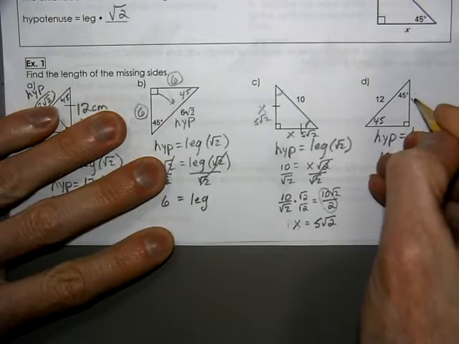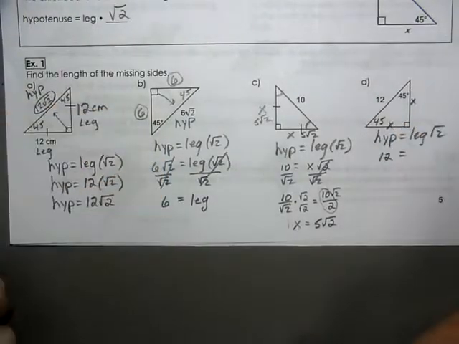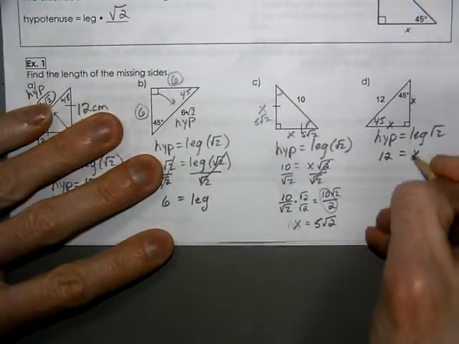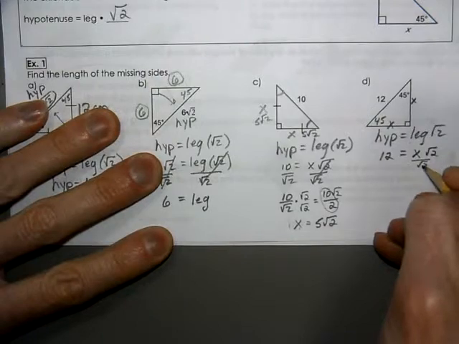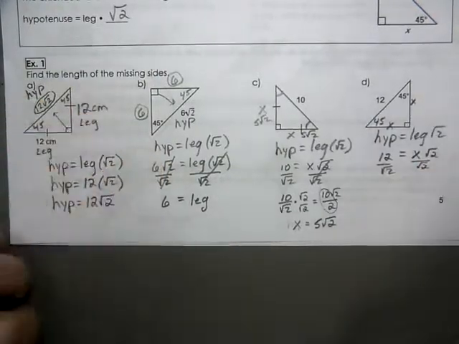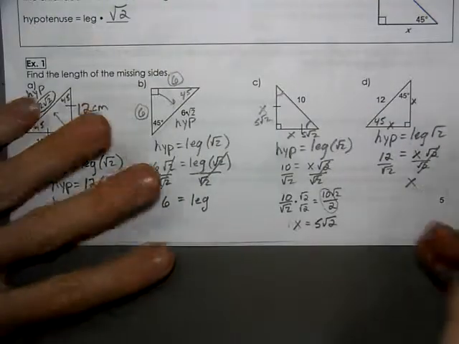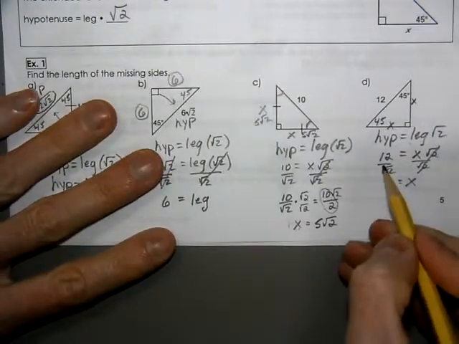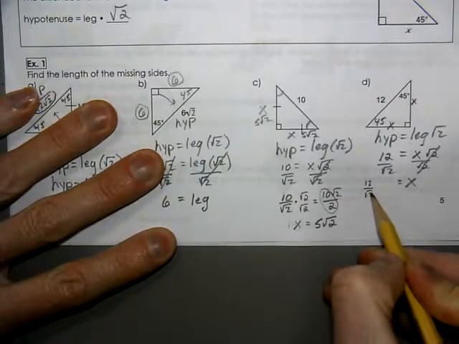We'll call the leg x, and we'll call this leg x. So we have x square root of 2. We'll divide both sides by the square root of 2, so we get the x by itself. And now we have 12 divided by the square root of 2.